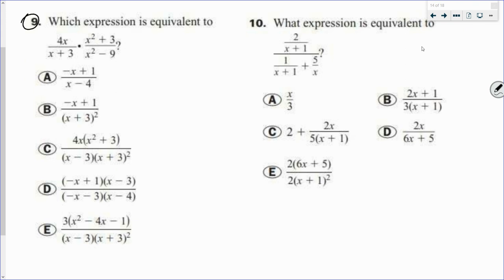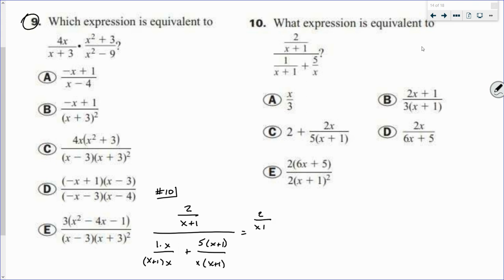I'll do number 10 quick because it's another complex fraction. So 2 over x plus 1. And then it looks like this first one's going to need an x. The second one's going to need an x plus 1. Two over x plus 1. So this is what? 5x and 5.